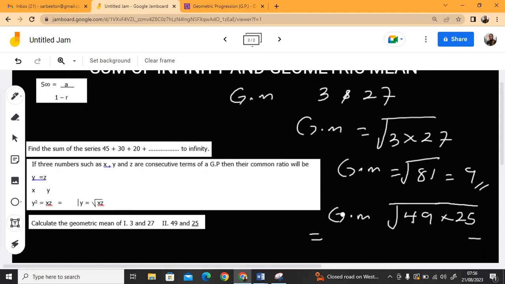That's why I'm limiting this particular geometric mean to this. There's a lot of things under this geometric mean. So when you multiply this together, you have 1225. So square root of 1225, when you use your calculator, is 35. So this one, the geometric mean is 35. So this is under sum of infinity.